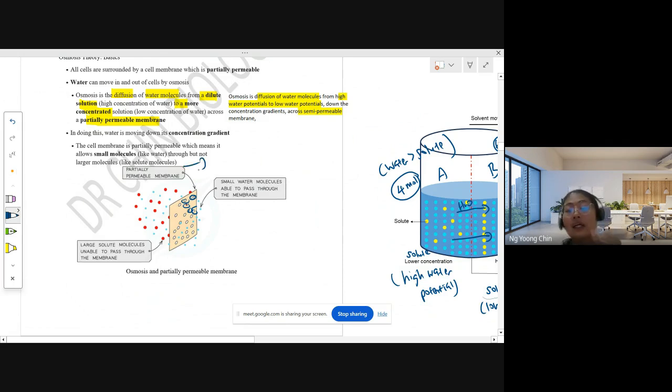for example. What kind of molecule is unable to pass through this semi-permeable membrane? It will be, for example, sucrose. Okay, sucrose. Or starch. Sucrose is what we call a disaccharide. It's a kind of complex sugar.